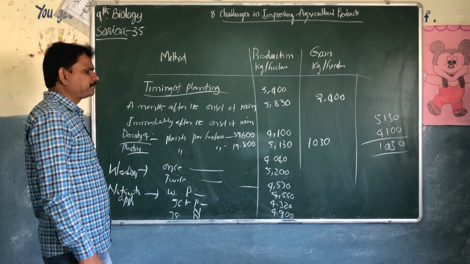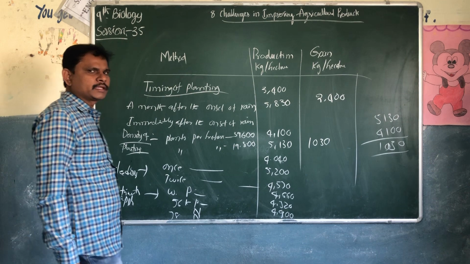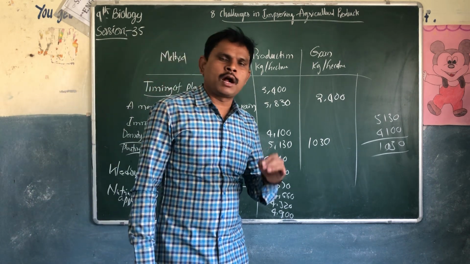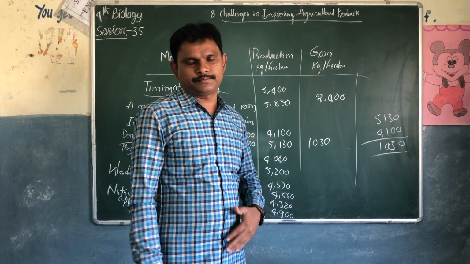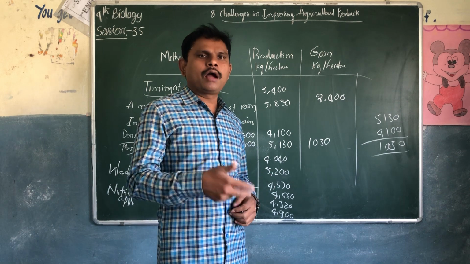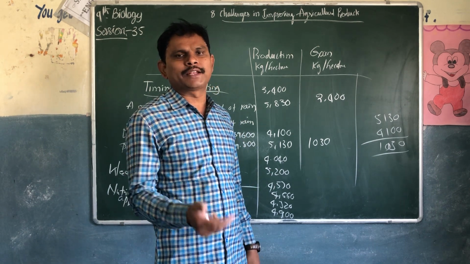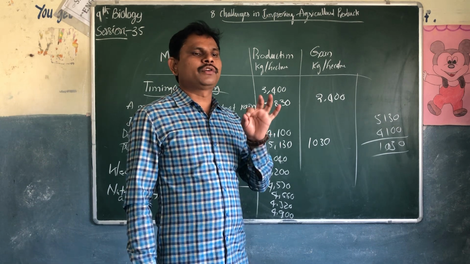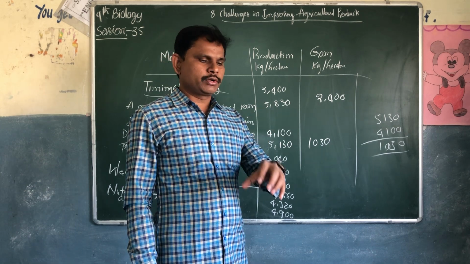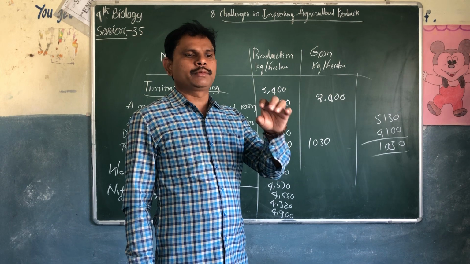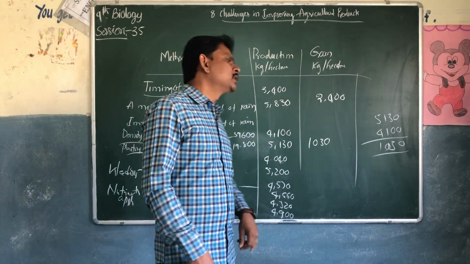Next one is weeding. Weeding is nothing but removing unwanted plants from the crops. Along with crops, plenty of unwanted plants will grow. It is the farmer's responsibility to remove the weeds from the crops.